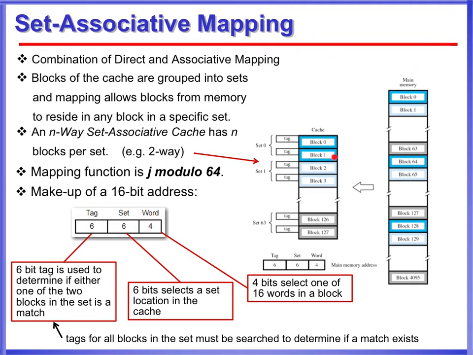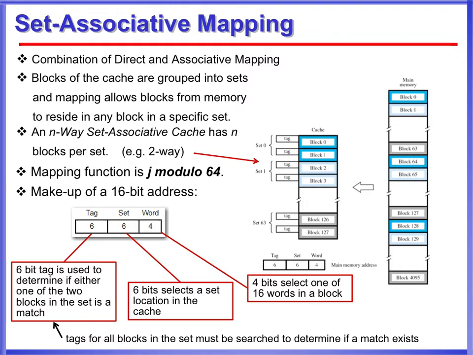Now, in this case, we have to know which set to look in, where a set consists of 2 blocks. 2 to the 6, again, is 64. There's 64 sets of 2 blocks because this is still a 128 block cache. Any questions about that one?